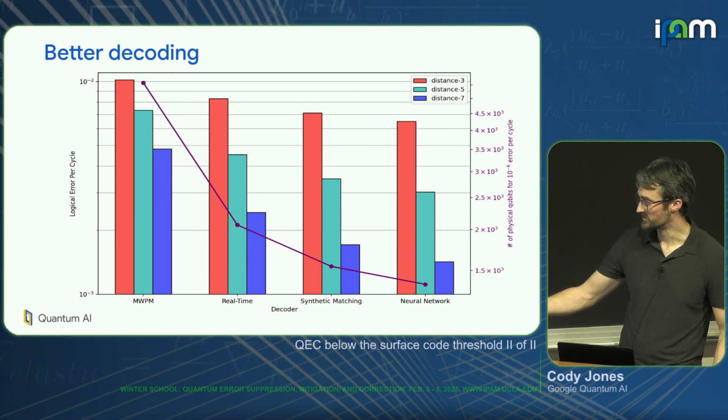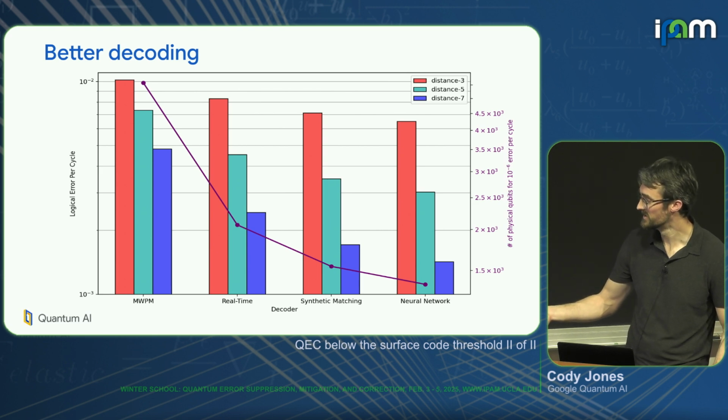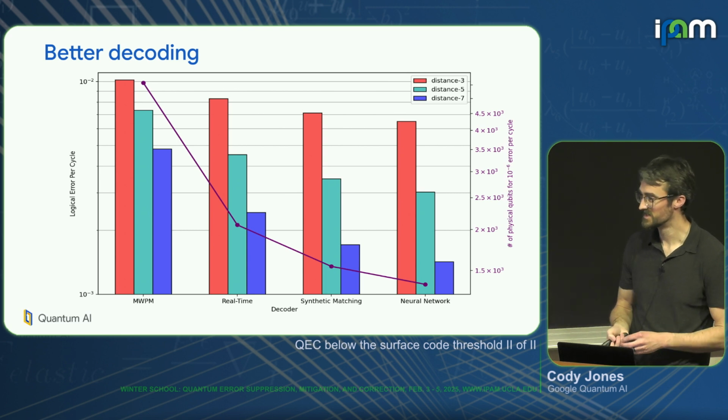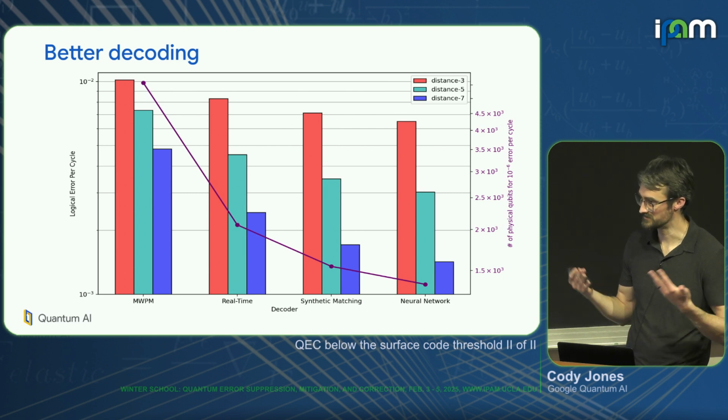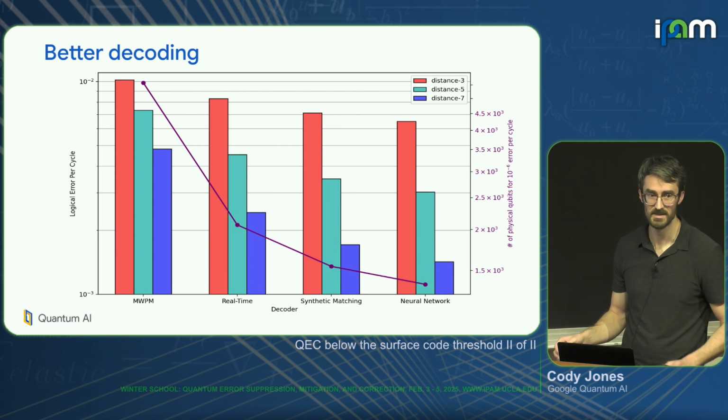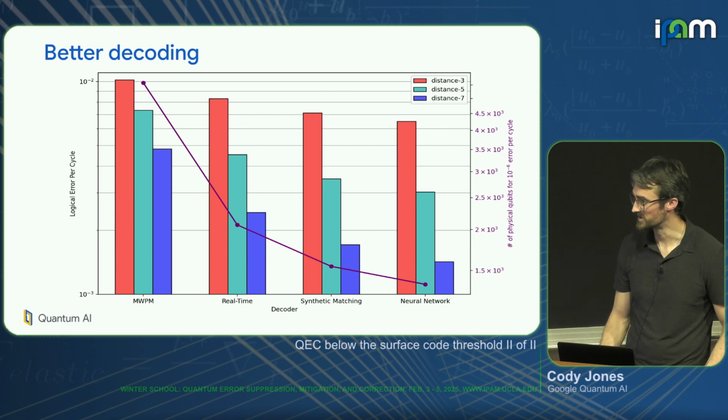The real-time algorithm is using correlations, where I was talking about dynamically changing graph weights. Synthetic matching does that, but it does some other stuff too to be even more accurate. And then the neural network, which is the most accurate, is trained to high performance using data from the device and state-of-the-art techniques for neural network training.